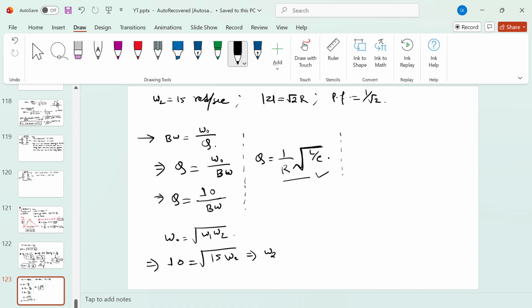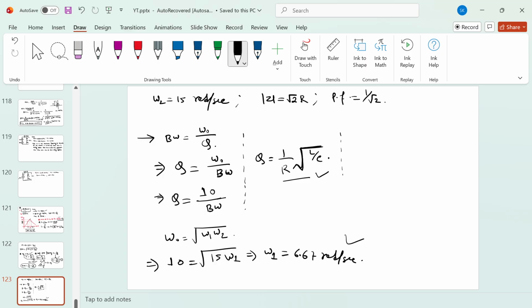From here we will get 10 square by 15, which is 6.67 radian per second. Sorry, this is omega 1, because omega 2 is known to us. So 15 and 6.67.